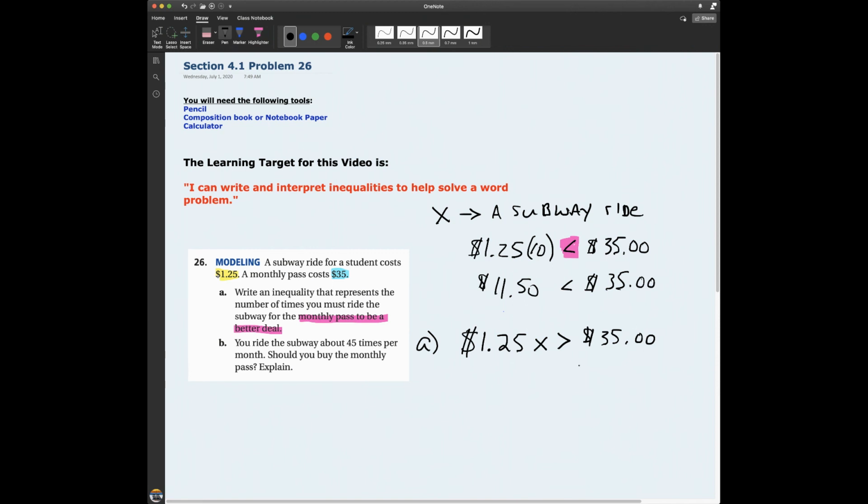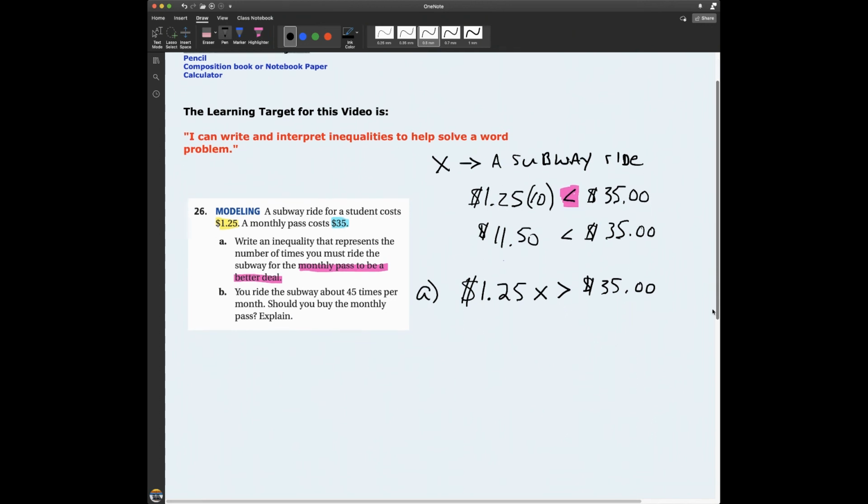So now I can figure out how many times I need to ride the subway so that it's a better deal to buy the monthly pass. Okay, so we have our inequality that will help us be able to do that.